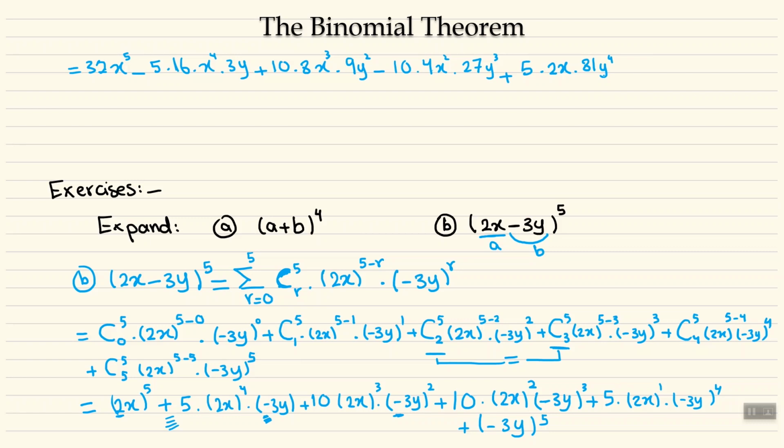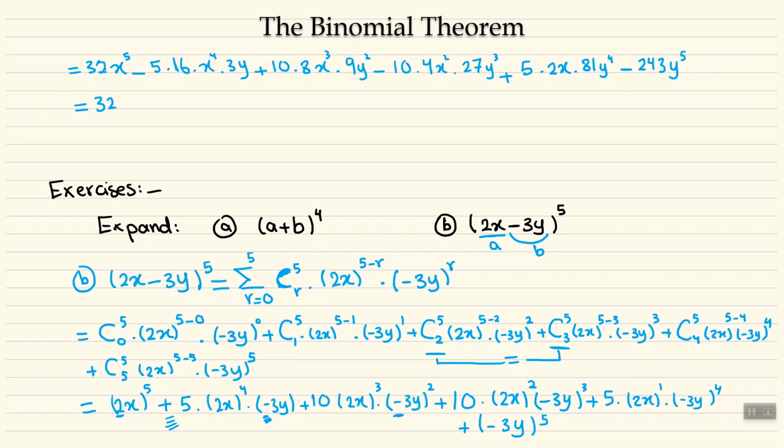The last one is going to be negative because it's negative to the power of 5, which is minus. 3 to the power of 5 is 243, and we get next to it y to the power of 5.